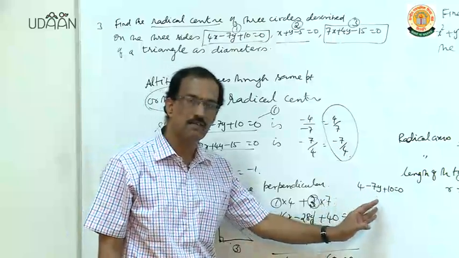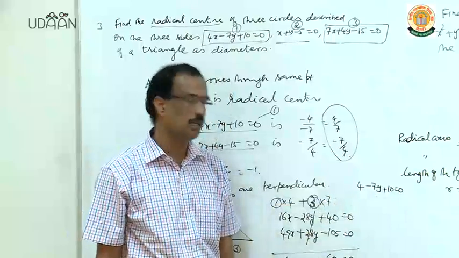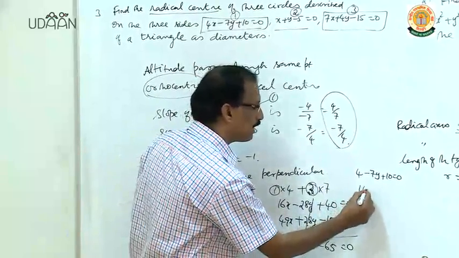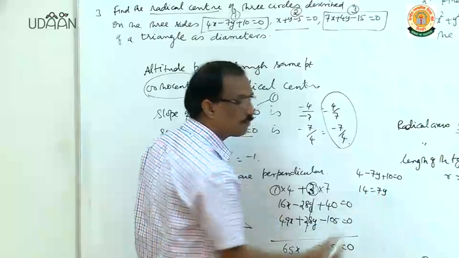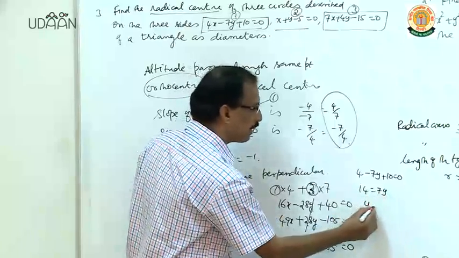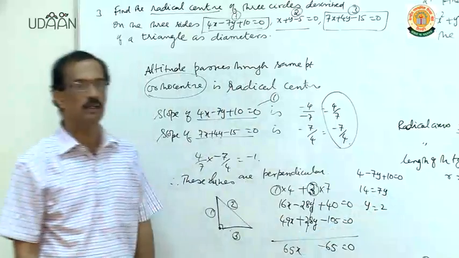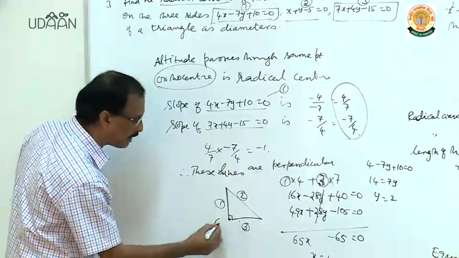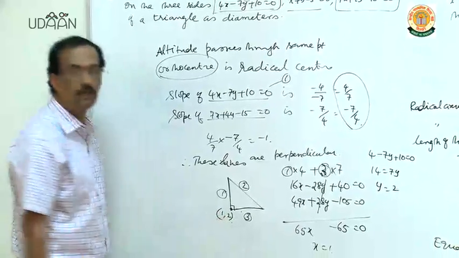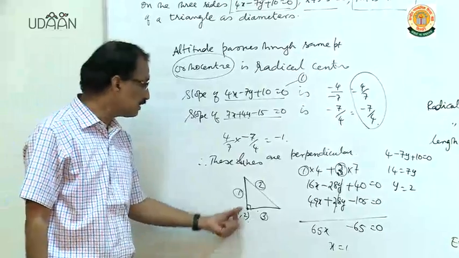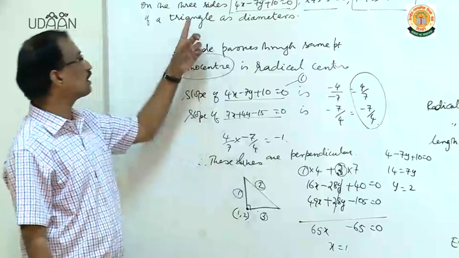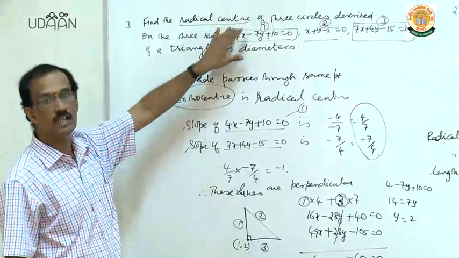Then from this you get 14 equal to 7y, or y equal to 2. So y equal to 2, meaning the coordinate is 1, 2. So, what is this? This is the orthocenter of a right angle triangle. This orthocenter is your radical center.